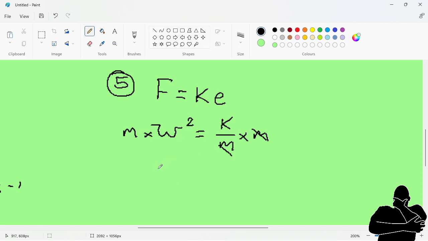So omega squared, what is omega? We worked out omega before, the angular frequency. It was stated to be 78.5 radians per second, and we're going to square that, and then we're going to multiply it by the mass, which the question gave as 0.05 kilograms. And that is going to give us the spring constant for the system.